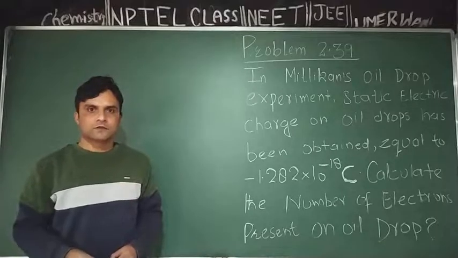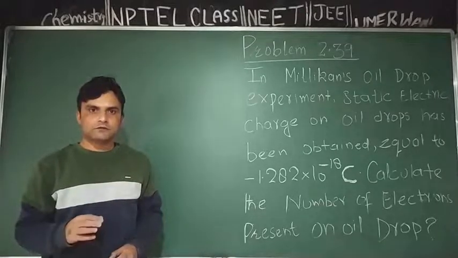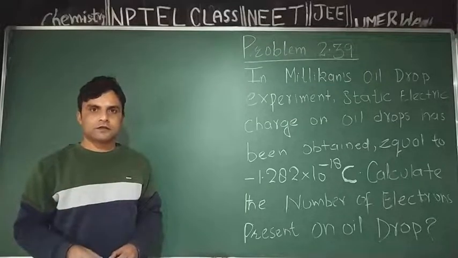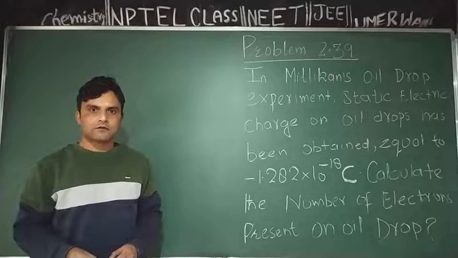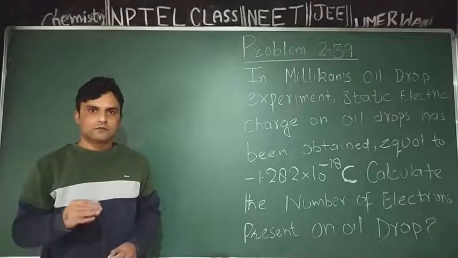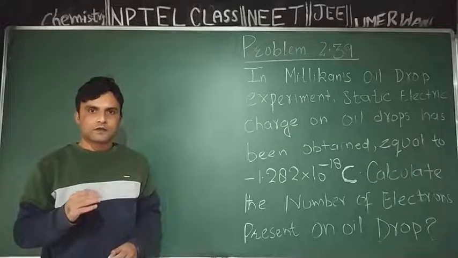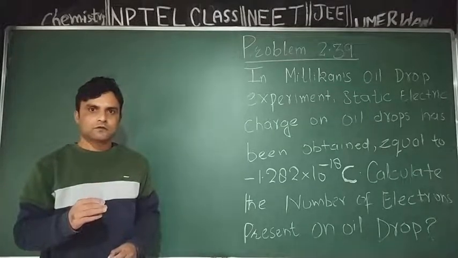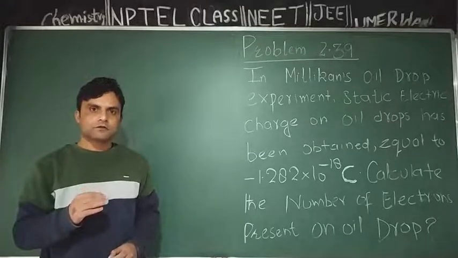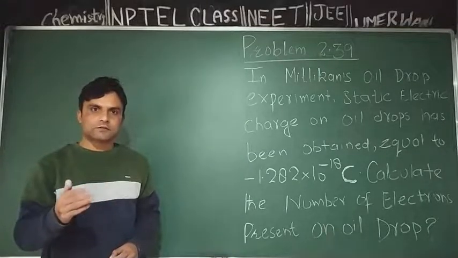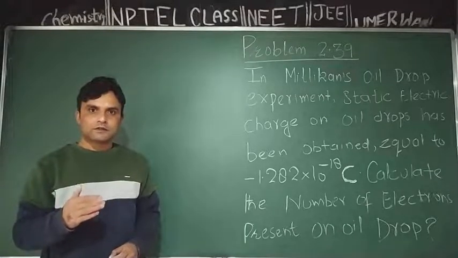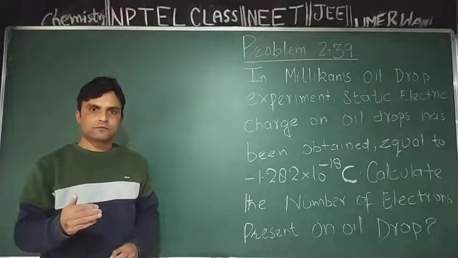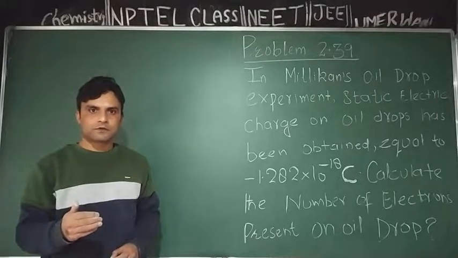I will not go into the details of the experiment, I will just tell you the idea Millikan used. The idea was that if electrons are somehow made to come in contact with an oil drop, they will get stuck with the oil drop and reside on it.